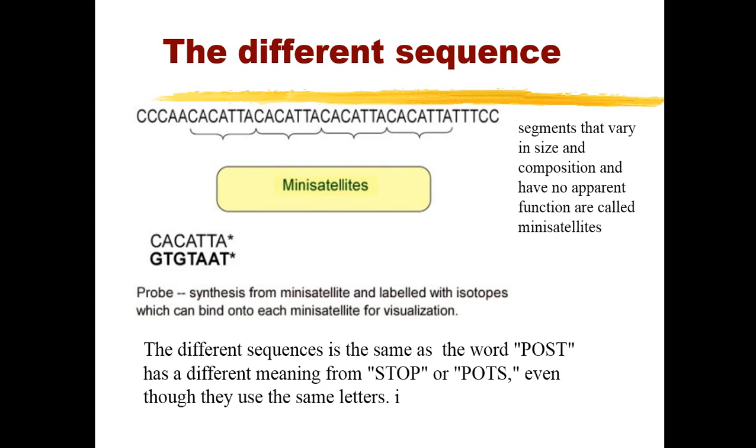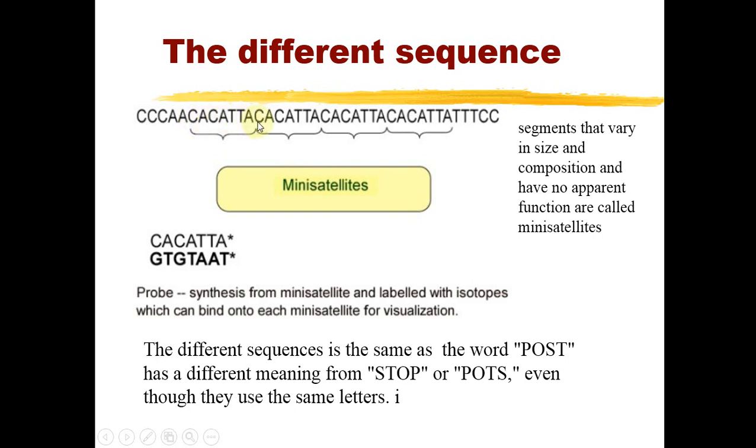Now, some shorter sequences are repeated in the genome of each and every individual. This repeat number differs in every individual. For example, here this repeat is shown with the curly brackets: CACATTA.